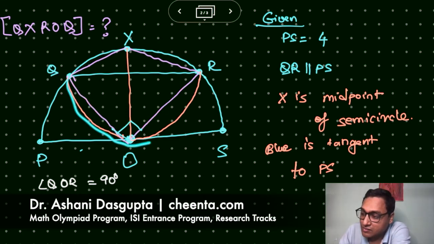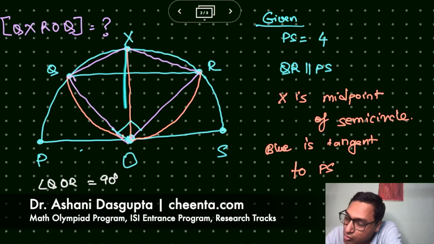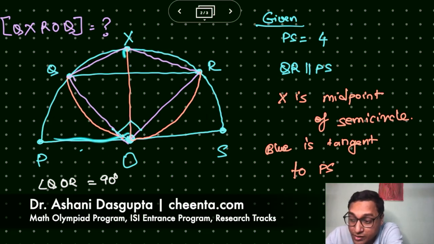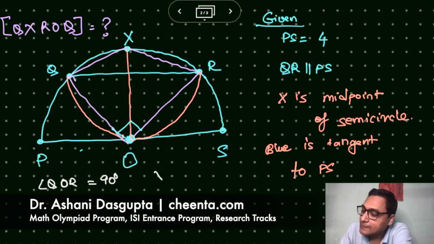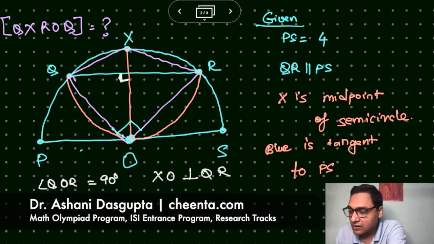Now since X is the midpoint of the semicircle, if you join X with the center, XO will be perpendicular to the diameter PS, and QR is parallel to PS, so XO is also perpendicular to QR. So this is 90 degrees. Also notice that this point would be the midpoint. Let's call this point M.